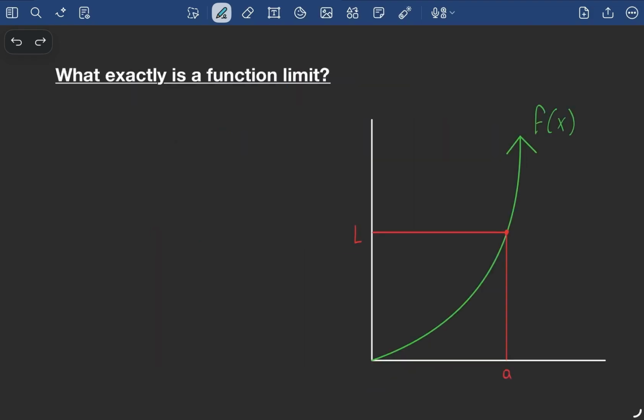Now, before we get into proving limits using delta epsilon, it's important to understand what exactly a function limit is.